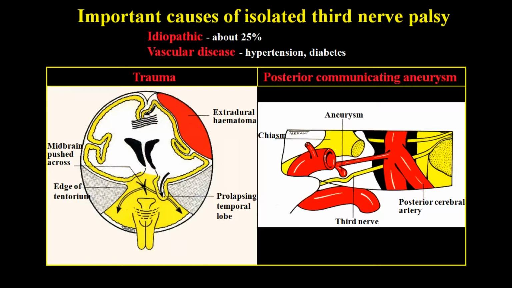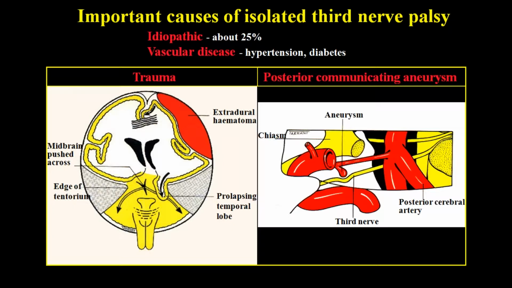When you see such a case, you have to lift the lid and see whether the pupil is involved or not. If the pupil is involved, it could be any of these causes like extradural hematoma or aneurysm. These are all emergencies, so you have to deal with them quickly.